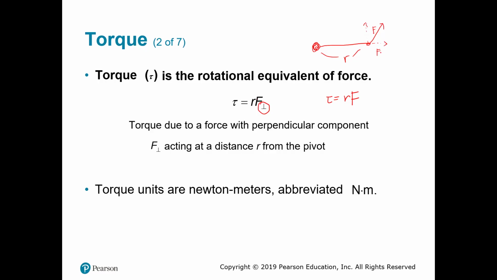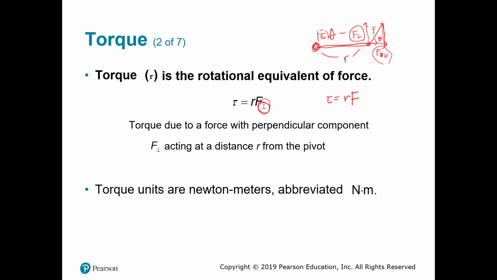I'll call this F parallel, along this axis line, and I'll call this one F perpendicular. You see here, F parallel actually does nothing to open the door. Only F perpendicular matters. Let's assume this angle is theta. F perpendicular, which corresponds to here, is F sine theta.